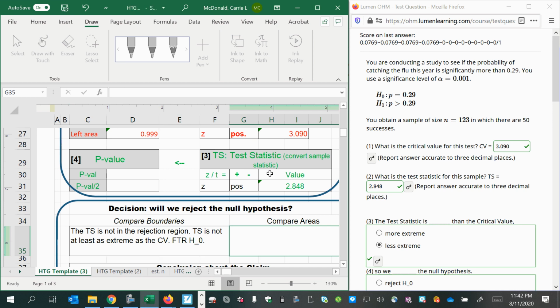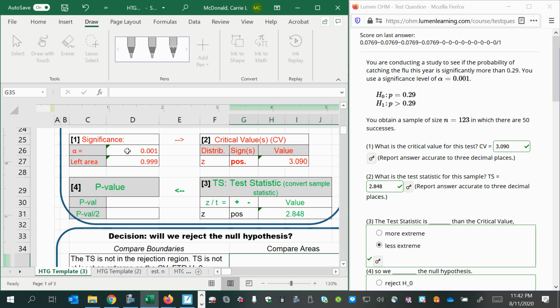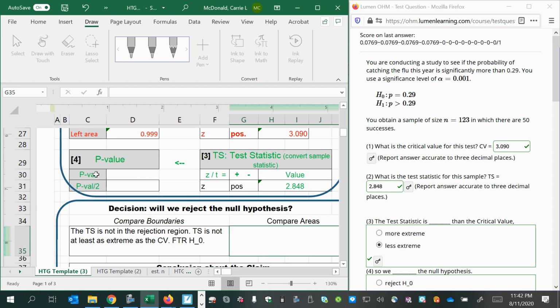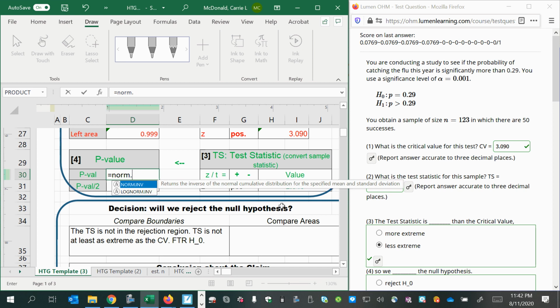Comparing areas will be our next step, but we need to find the p-value area to compare with the significance area. So the p-value will be contained in just one tail, since this is a single-tailed test. And I'm going to find that using norm.dist, which gives me probabilities, or areas under the normal curve. I'll use my test statistic and the mean of 0 and the standard deviation of 1, and 1 for cumulative.